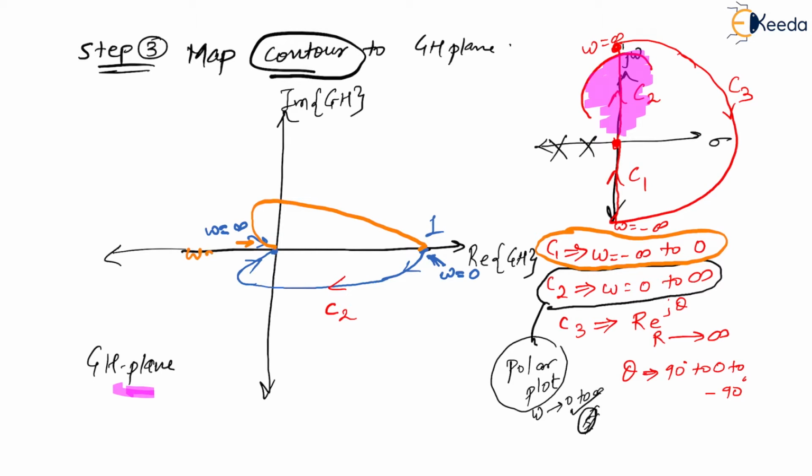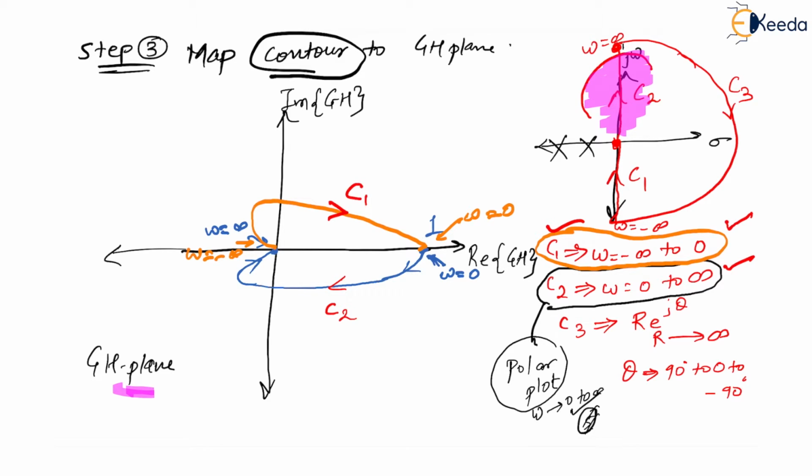So this becomes now omega equal to minus infinity, and this becomes omega equal to 0. Is that clear to you? Yes. Now this is nothing but your contour C1. So C1 has been mapped, and also C2 has been mapped.